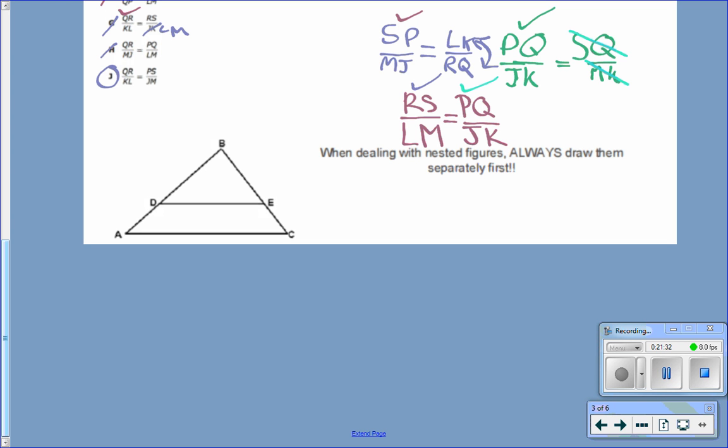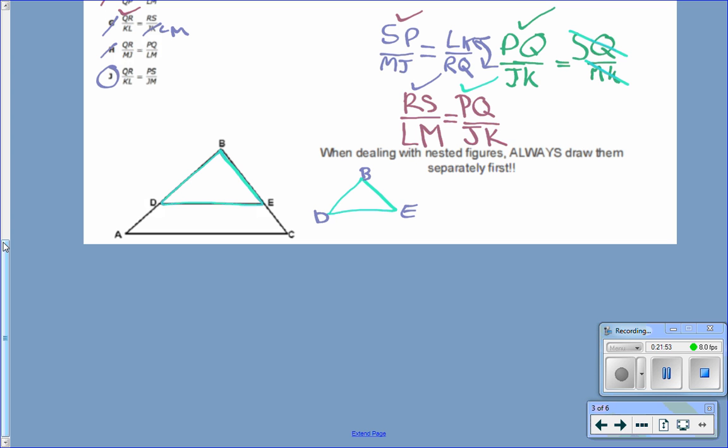So let's highlight our smaller triangle. When you highlight it, we're going to redraw it and relabel it. Relabeling is important. I'm going to use the same color to draw it, and then label that one D, B, E.